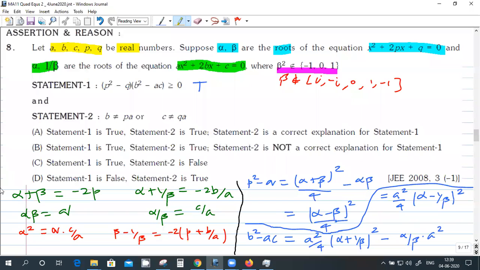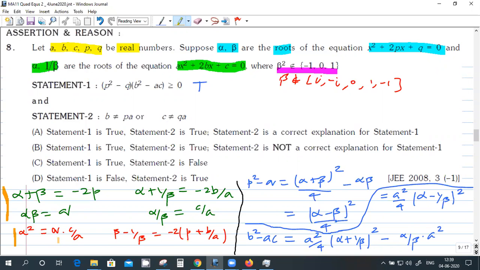Right. See, the first thing you have written, right? Alpha and beta are the roots of the first one. Yeah, I got it. Looking at this one, immediately you can get alpha. If you multiply alpha beta and alpha by beta, you'll get alpha square. So you have to look at the things and recognize something.